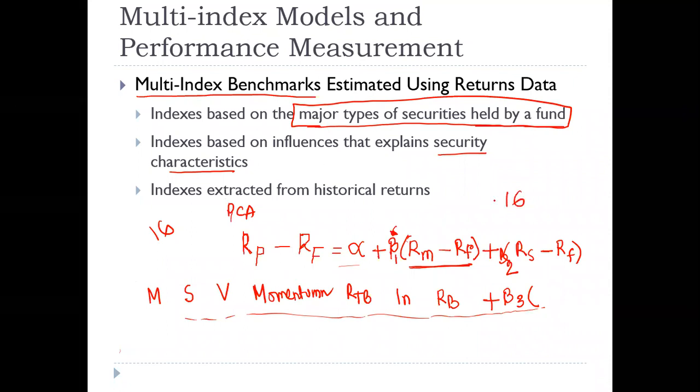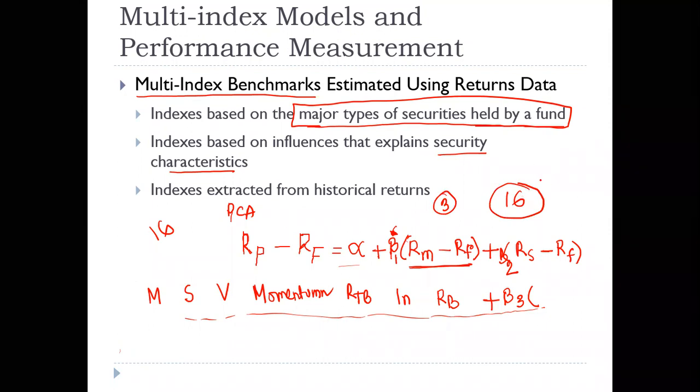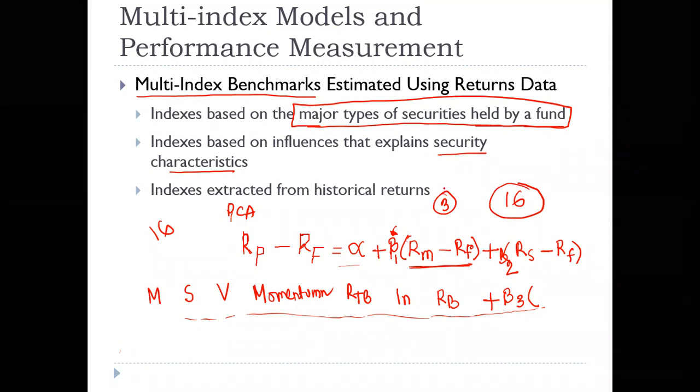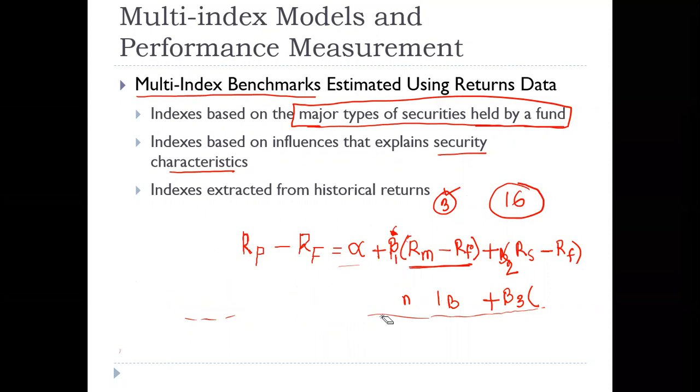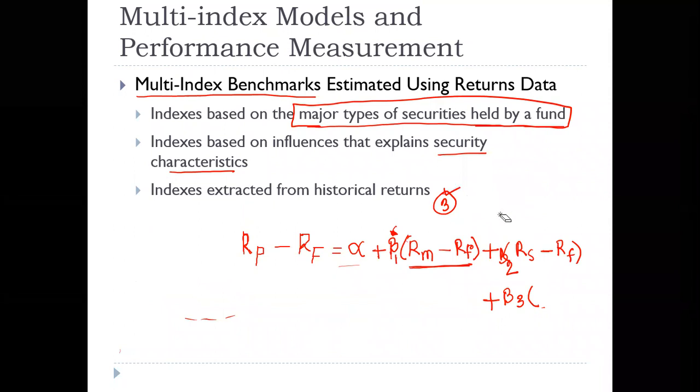But if PCA gives you that only 3 indexes are adequate to cover the variation of these 16 indexes, in that case, we need to be happy by using how many indexes? 3 indexes. Okay. So that is how factor analysis or principal component analysis works.